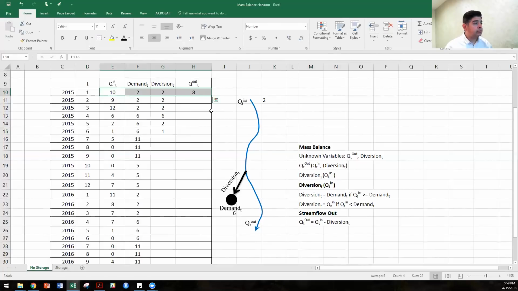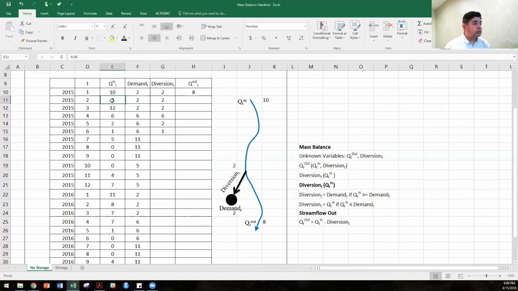Let me go back to this example. If there are 10 units of water coming in, and 2 units of water demanded, and as such 2 units of water diverted because the demand was 2, then 10 minus 2 will be equal to 8 units of water flowing downstream at this point.